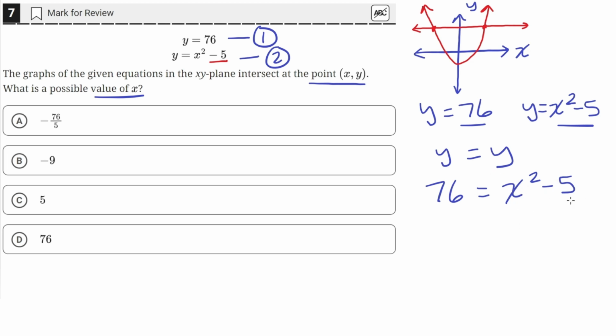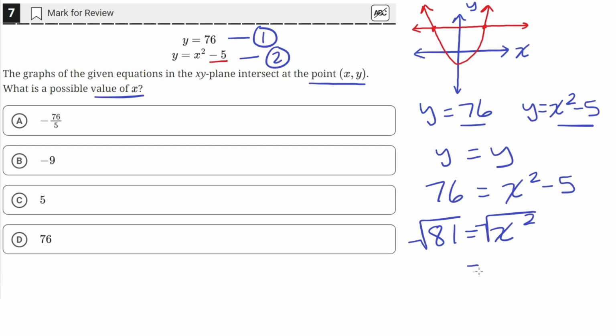So let's move this negative 5 to the other side by adding 5 to both sides, which will give us 81 equals x squared. And then to find the value of x, we can take the square root of both sides, which will cancel out this squared value here.